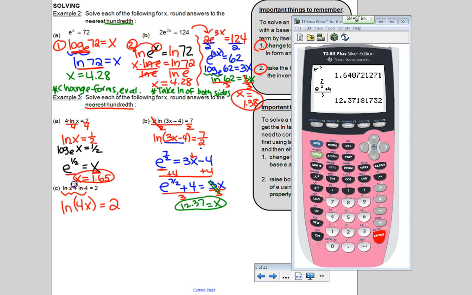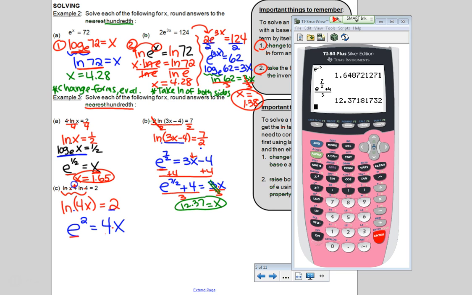Okay, once I do that, I now have 1 log, so now I can change forms. There's a base e here. Again, if you have to write it like that in order for you to figure out how to change forms, that's fine. But base e, 2 is the power, equals 4x. I can type this in my calculator now, but I'd rather wait.